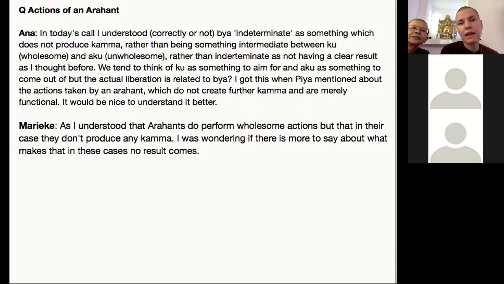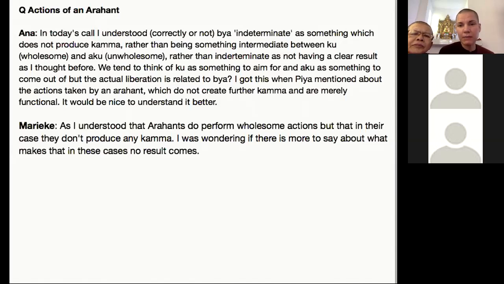And Anna wrote that she understood indeterminate as something which does not produce karma, rather than being something indeterminate between kusala and akusala, rather than indeterminate as not having a clear result, as she had thought before. We tend to think of kusala as something to aim for and akusala as something to come out of, but the actual liberation is related to, she asks.